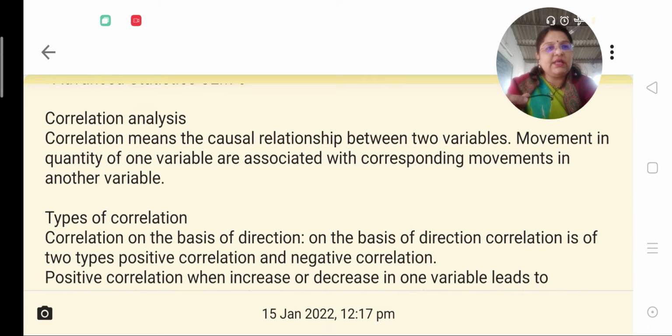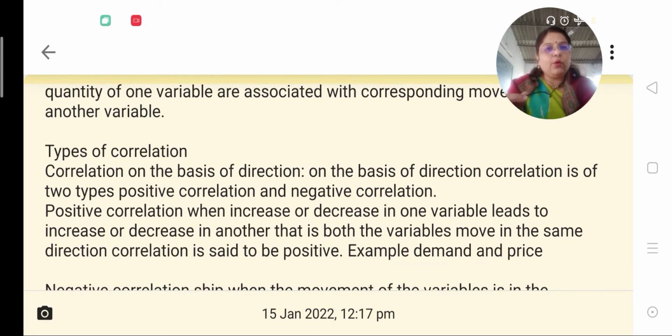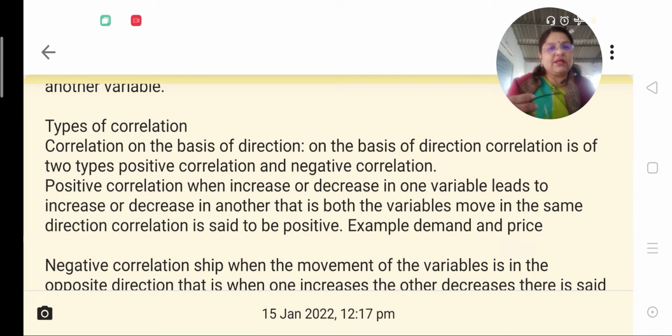Now let us see what are the types of correlation. The correlation types are classified on various bases. The first one is on the basis of direction. On the basis of direction, correlation is said to be of two types, positive or negative.